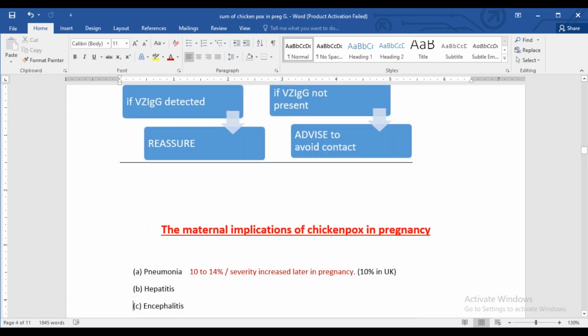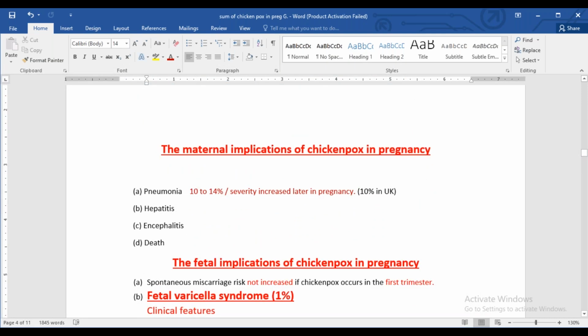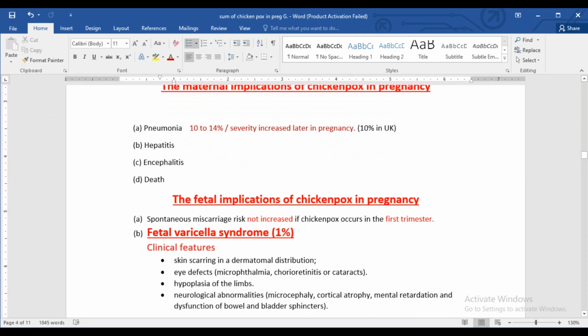Okay, why are we concerned about chickenpox infection during pregnancy? As I told you, it carries higher morbidity and higher mortality than in the other population, and unfortunately during pregnancy serious complications may happen, number one of which is pneumonia. The RCOG guidelines stated the number of cases is 10 to 14%, and the severity increases later in pregnancy.